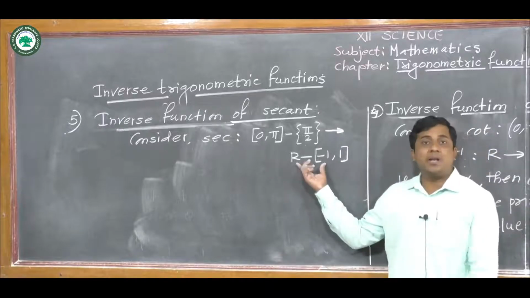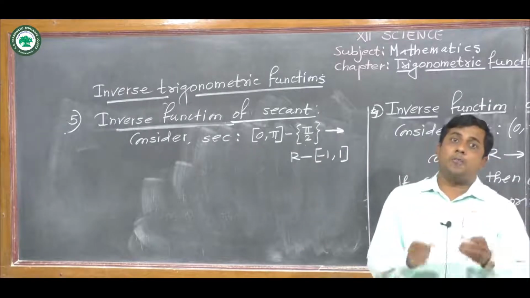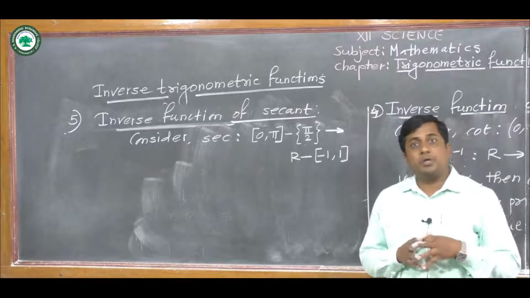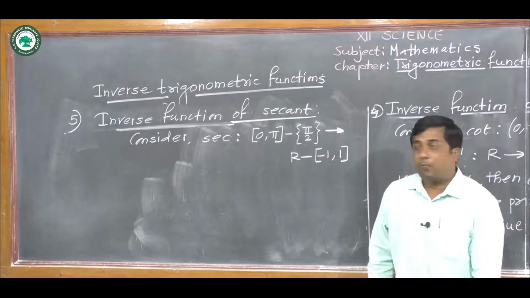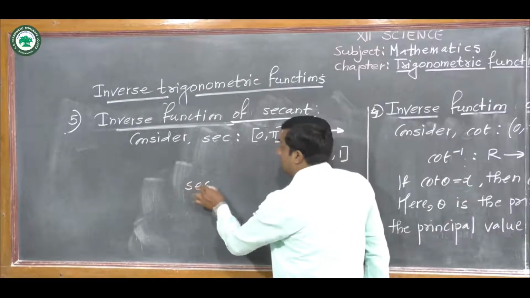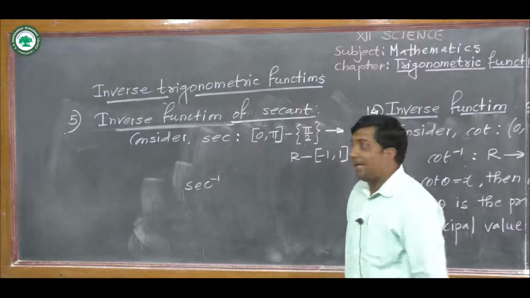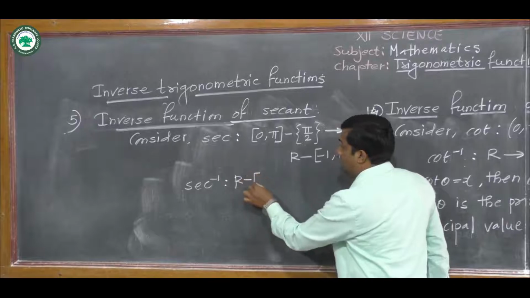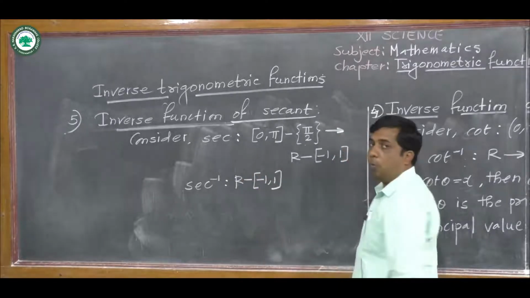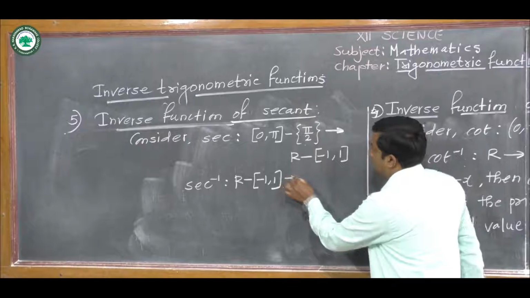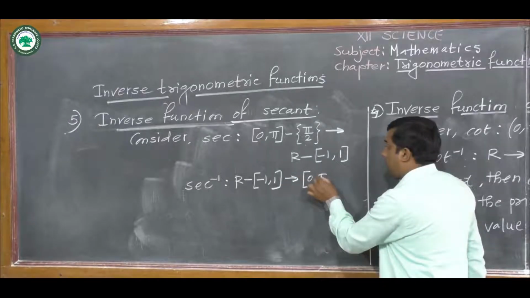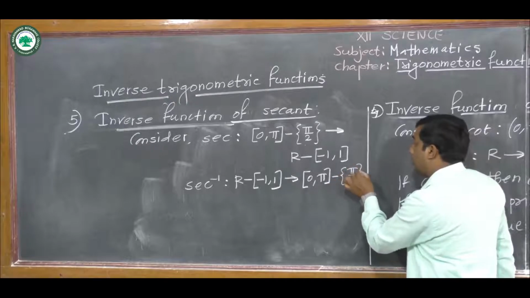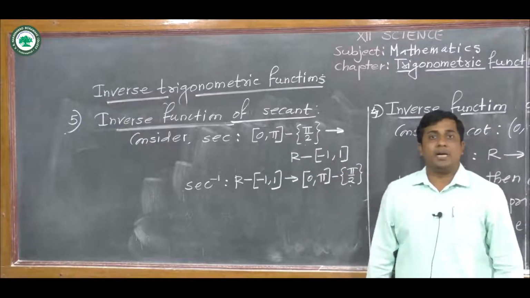If it is 1-1 and onto, the inverse of the function secant exists, and we denote it by sec inverse, which is a function from R minus the closed interval minus 1 to 1 to the closed interval 0 to pi except the value pi by 2.